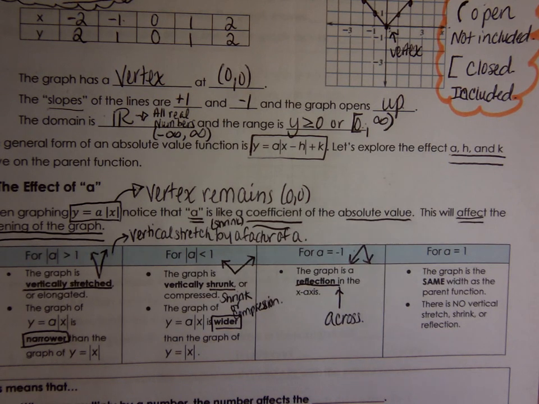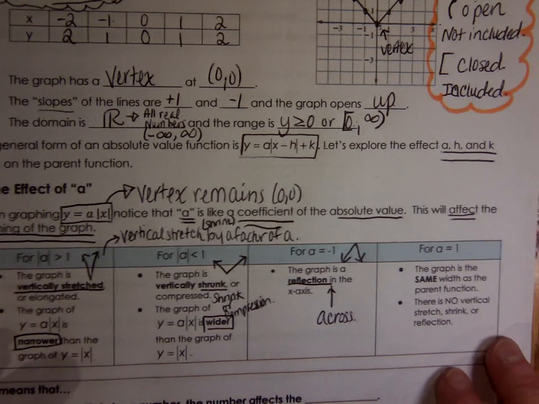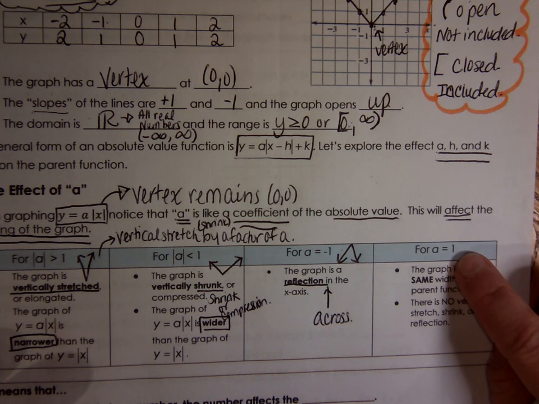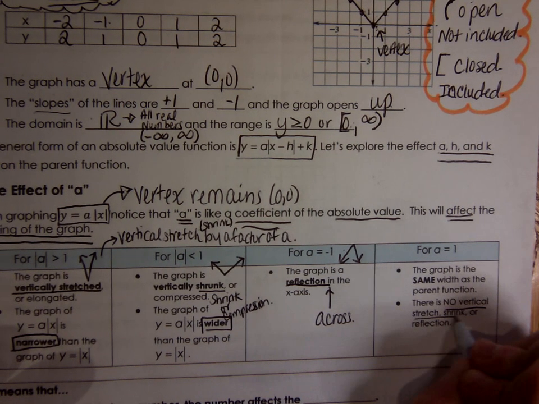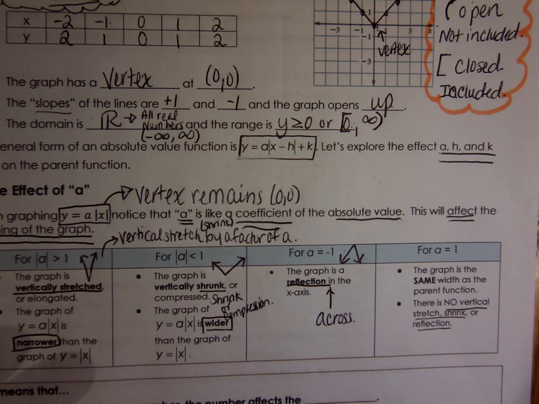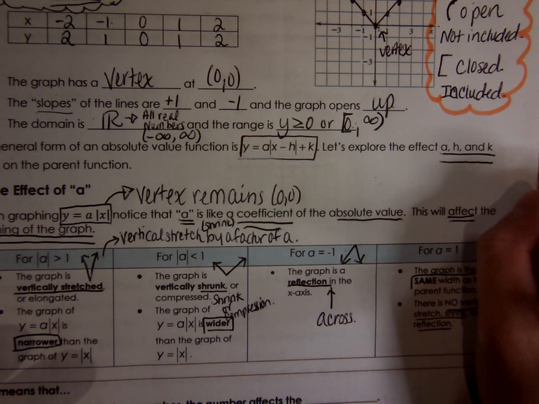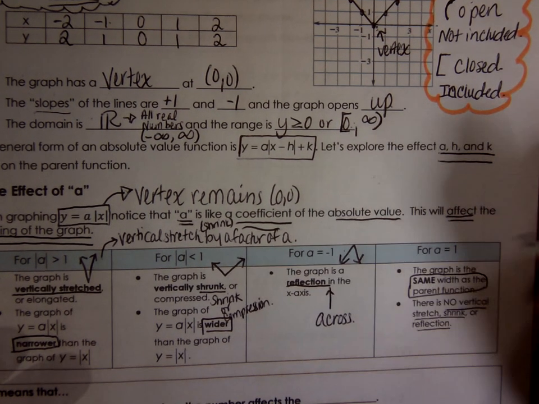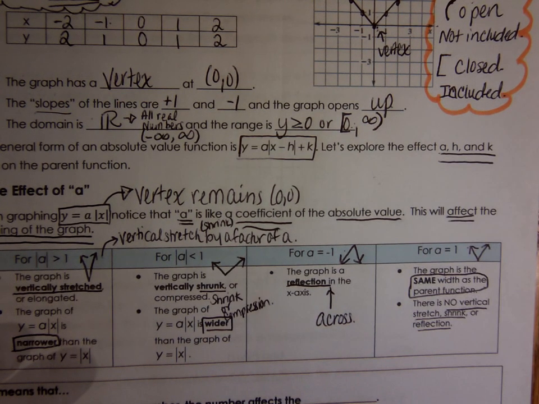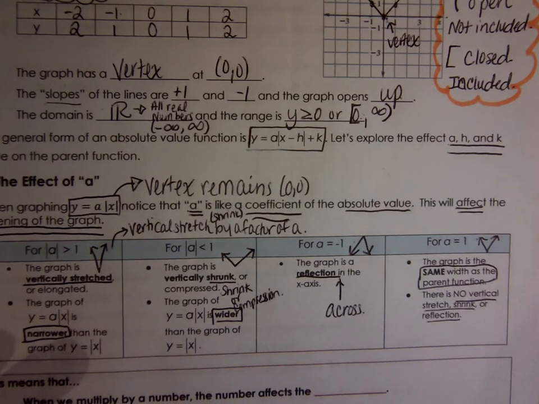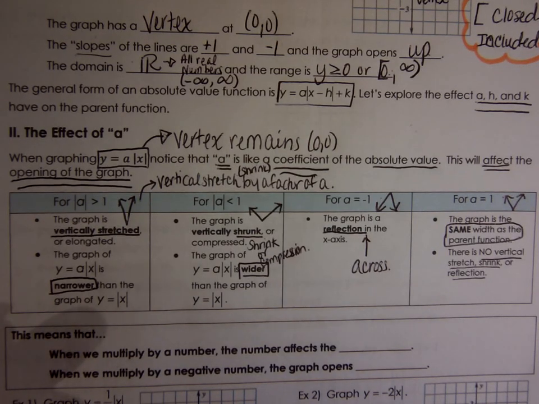That will indicate that we have a reflection. And then once again, if you see that your a value is equal to 1, then that means that there is no vertical stretch, shrink, or reflection taking place here. It has the exact same width as the parent function. So you would just expect it to be a normal V. Just completely normal.